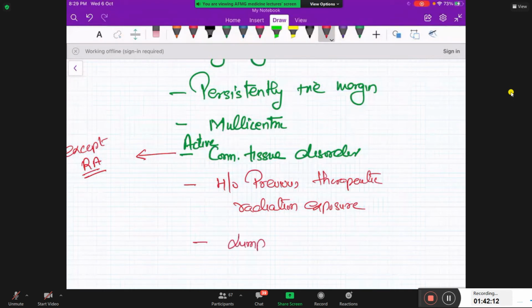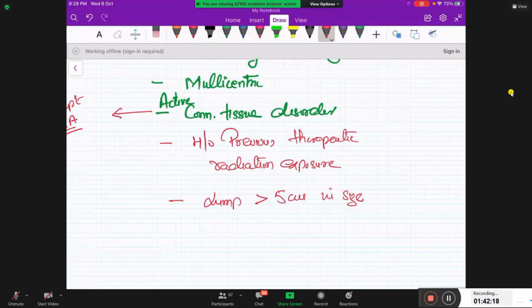Lump more than 5 centimeter in size. जहां पे कॉन्ट्राइंडिकेशन है BCT का, MRM करे.